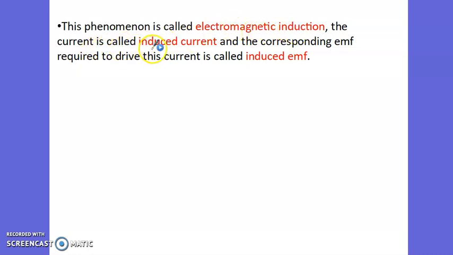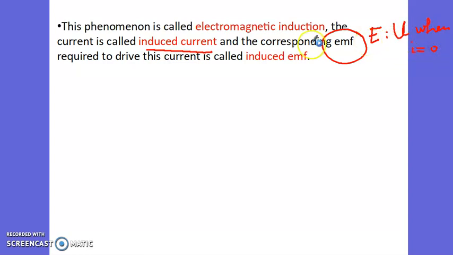The current is called what? Induced current. And the corresponding EMF, meaning the maximum voltage. Okay? Remember this from first secondary, EMF, E, which represents the voltage of the battery, U, when the current is 0.